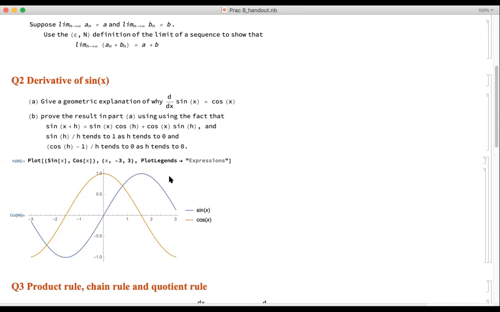Anyone? Okay, the derivative at x equals 0 is 1. Okay, can you explain why?